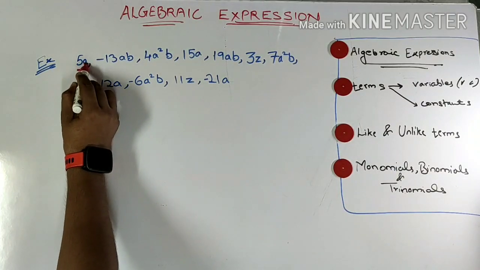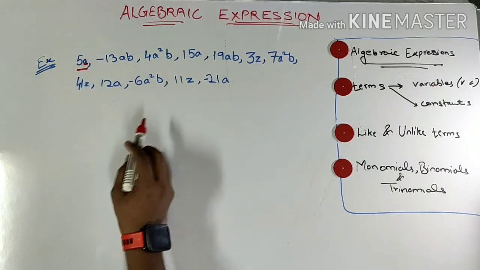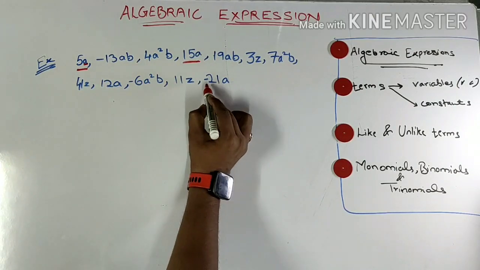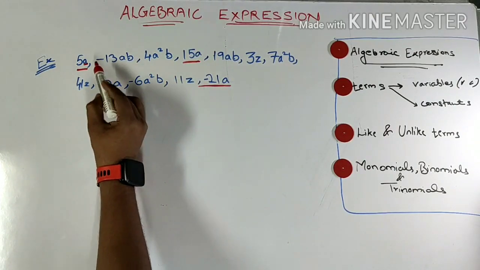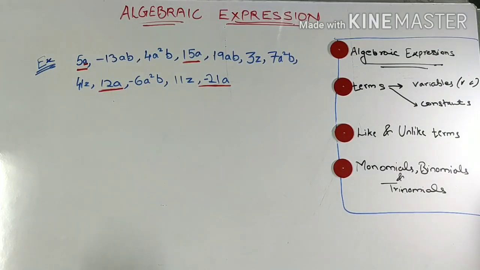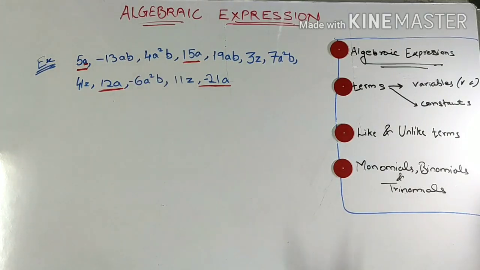5a. So there is one term with the variable a raised to 1. 15a, minus 21a. Is there any other term? Yes, 12a. So these are the terms having a as variable, only a. We have ab, we have a square b, but I am not interested in that.